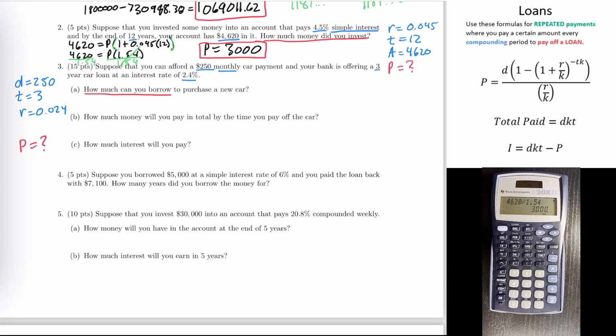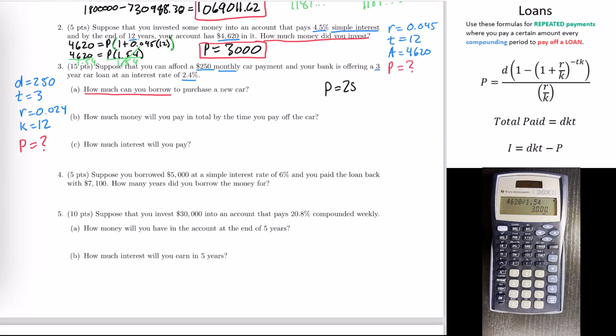And notice that we need a K here. And so I didn't identify this earlier, but the fact that our car payment is a monthly car payment means that K is going to be 12 because your payment frequency has to match the frequency of however often your interest is compounded. So that's what we'll use for K in this formula. So to figure out what P is, we just need to plug in our numbers. So P is the variable I'm looking for.